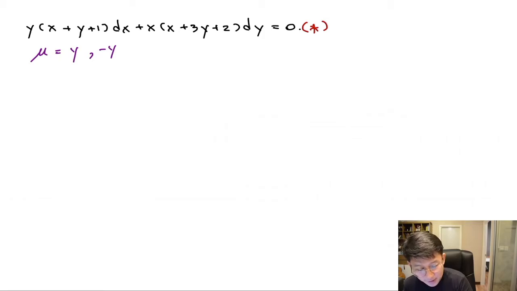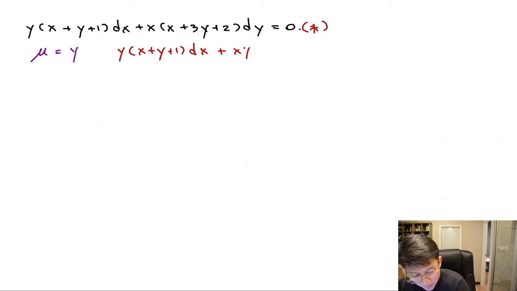So if mu is y, we have y(x + y + 1) dx + xy(x + 3y + 2) dy = 0, since you multiply it by y.